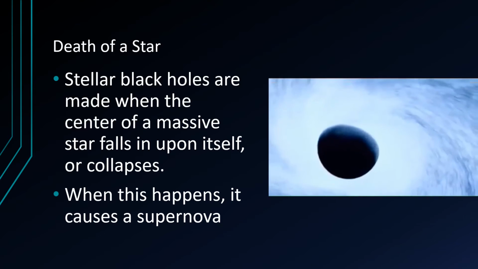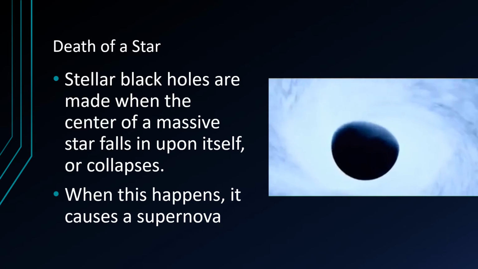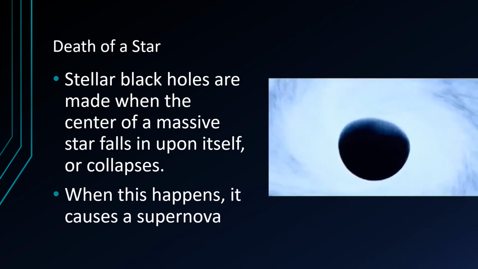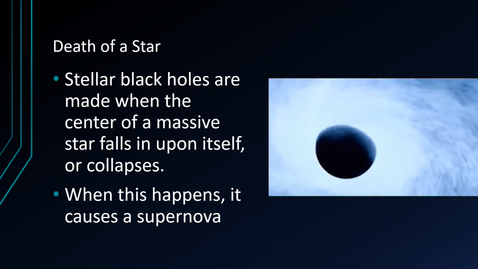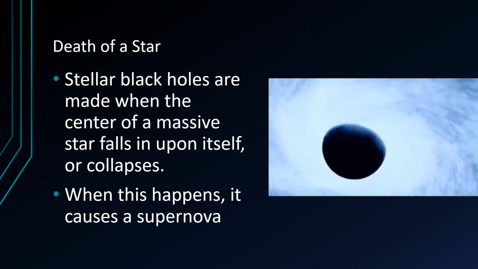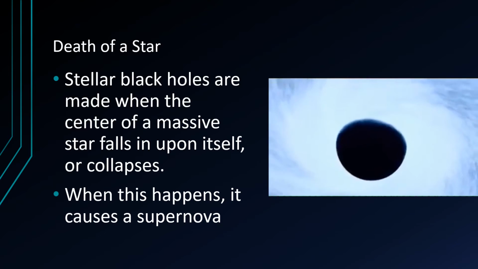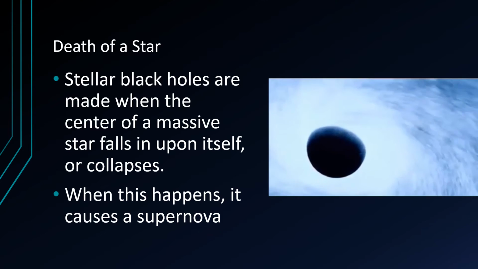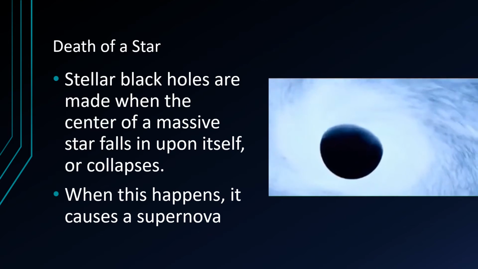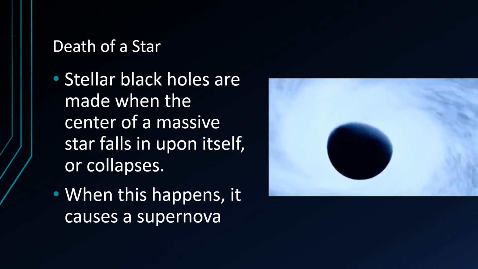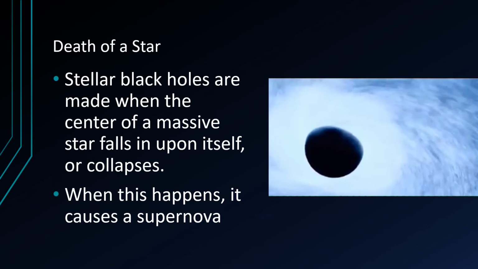Now, if the star is supermassive, it will form a black hole. Stellar black holes are made when the center of a massive star essentially collapses in on itself. Gravity pushes down so much, and the mass is so insane, that the core in a fraction of a second shrinks down so small that the mass collapses on itself and becomes a baby black hole.